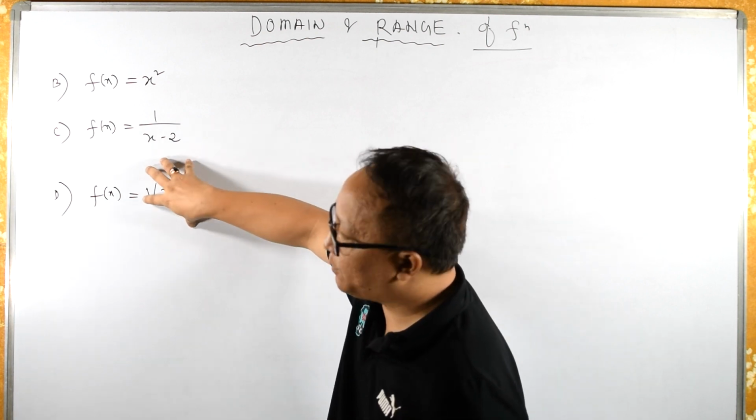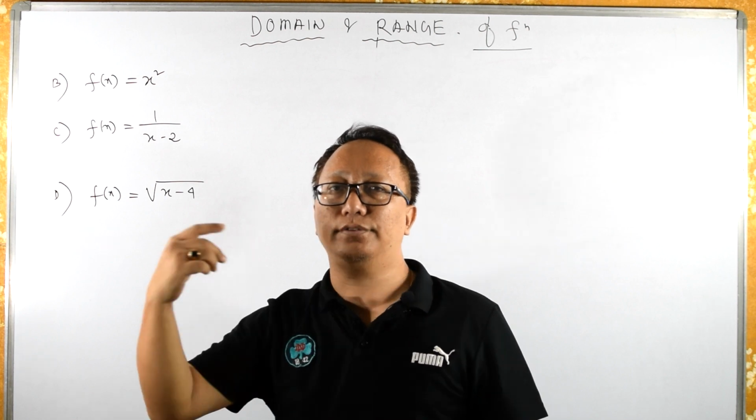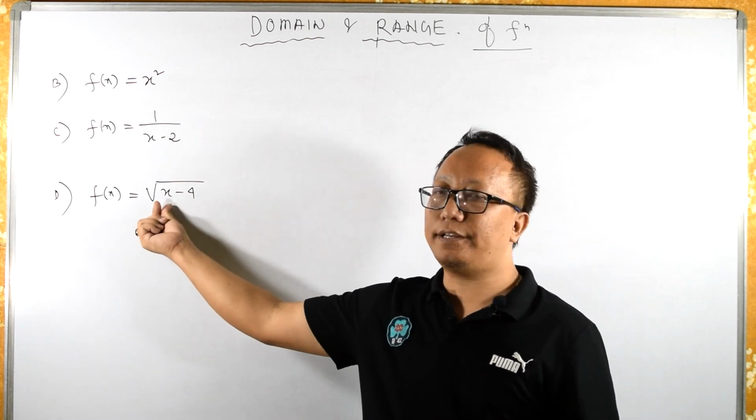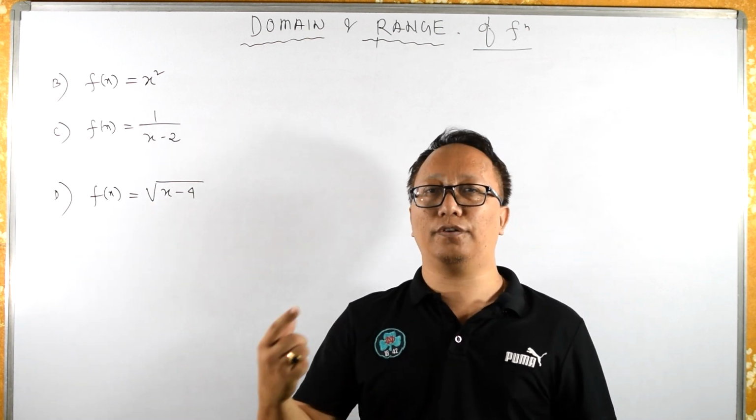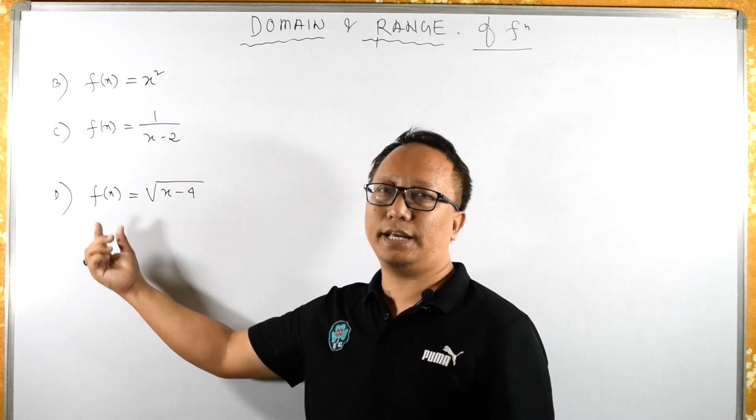In order to get a positive value inside the square root, x should be greater than or equal to 4, so that I can get valid values of f(x).